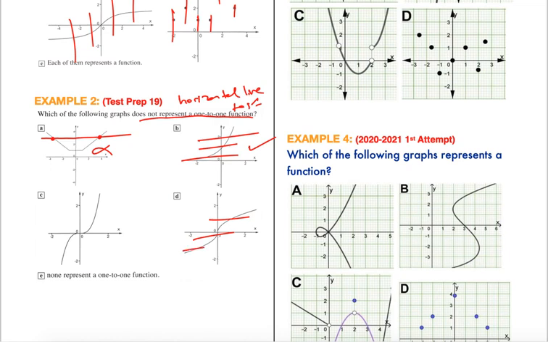Here also every line will cross the function once, so it is a one-to-one function. Here, everywhere, the line intersects the graph once, so it is a one-to-one function. Only option A is not a one-to-one function because it's intersecting the graph twice.